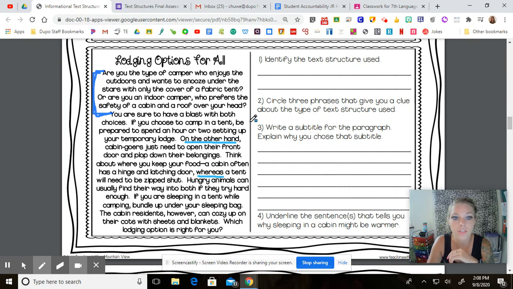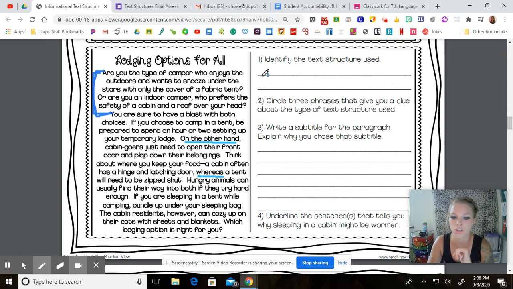Hungry animals can usually find their way into both if they try hard enough. If you are sleeping in a tent while camping, bundle up under your sleeping bag. The cabin residents, however, can cozy up on their cots with sheets and blankets. Which lodging option is right for you? For me, I can totally handle a tent, but short term. If it's a long term, like week thing, I prefer a camper.